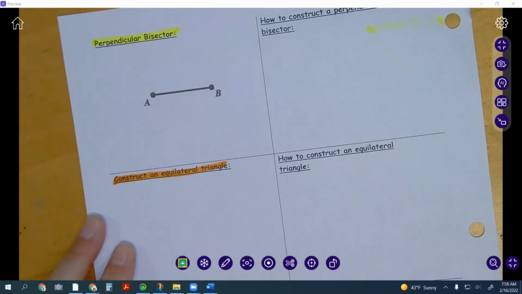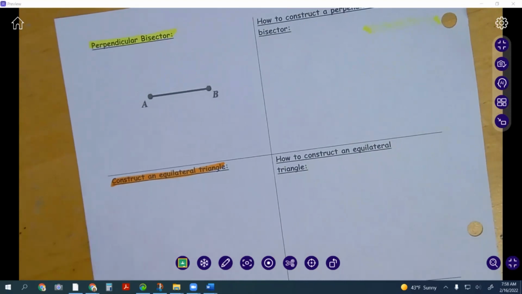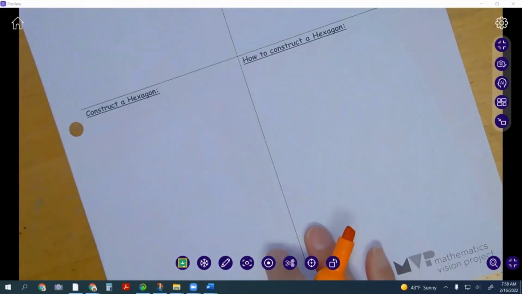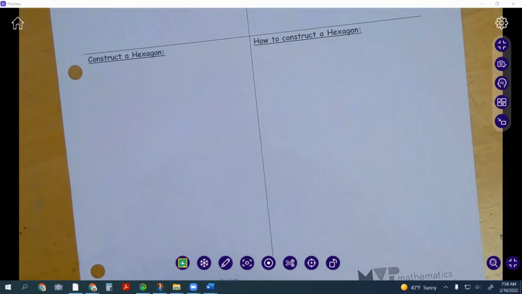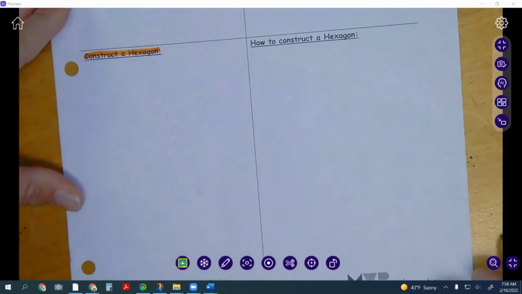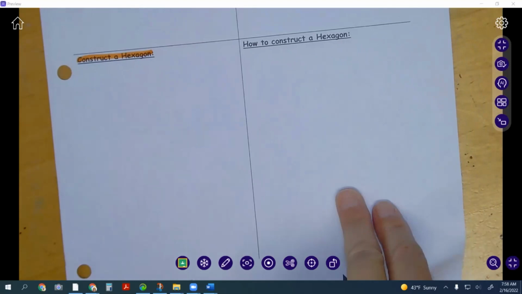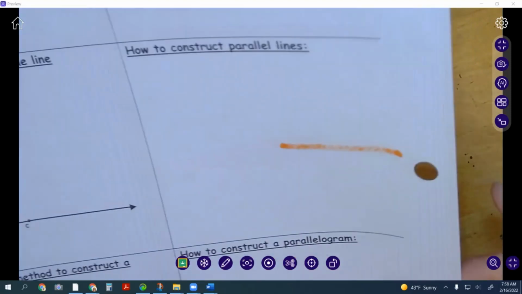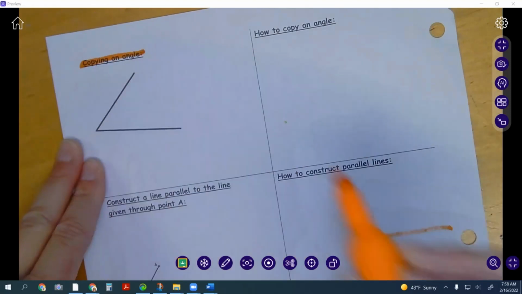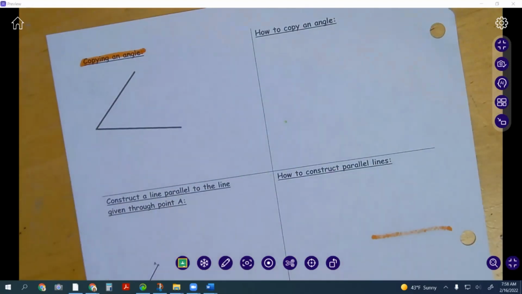Another one that you can choose, I'm going to turn to page 9, is hexagon. And the last one that you could choose is copying an angle. So those are the 5 I'm going to start with, and then we'll go through all the others.